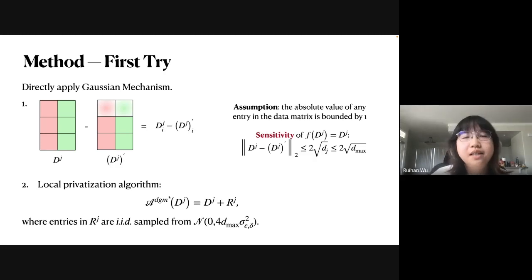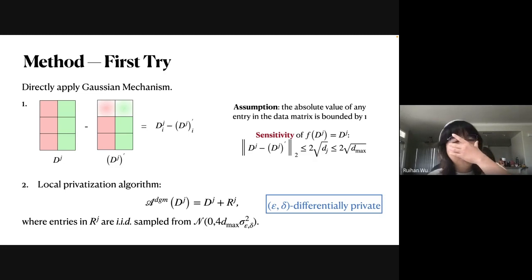We can then define the local privatization algorithm here, which is simply adding noise on top of the private data matrices with this variance. According to the Gaussian mechanism, this one is epsilon-delta differentially private. And notice that in this algorithm each party just needs this one step, so there's no sharing or communication between parties for now.